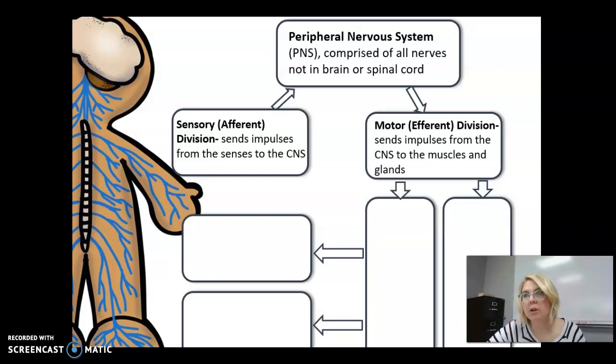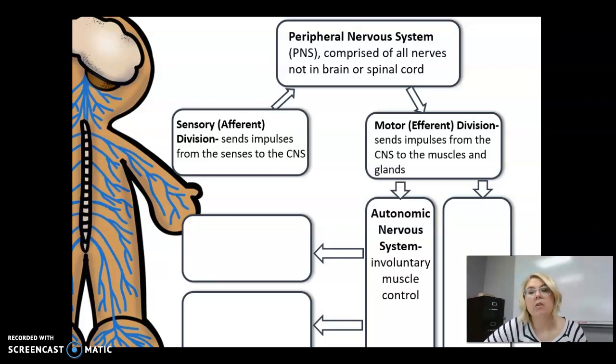If we say motor, it's going to have anything to do with movement. So our motor division sends impulses from the central nervous system to the muscles and to the glands. Remember that we have different glands that secrete different hormones. Our central nervous system has to make sure that we are getting that information so that our body maintains homeostasis.